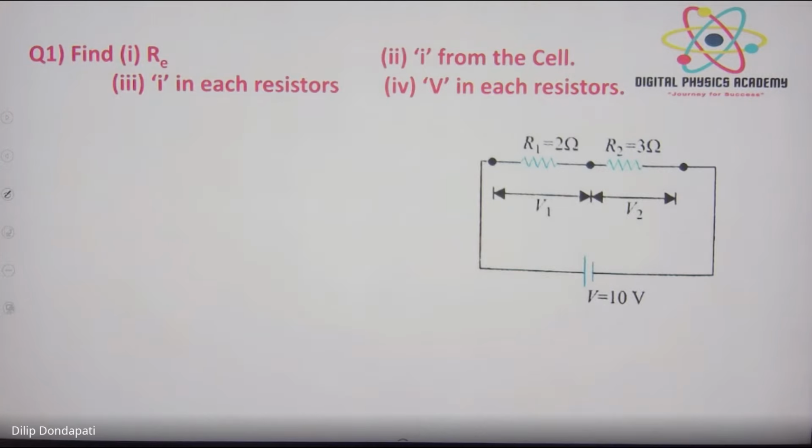Find R equivalent, I from the cell, I in resistors, V in resistors.